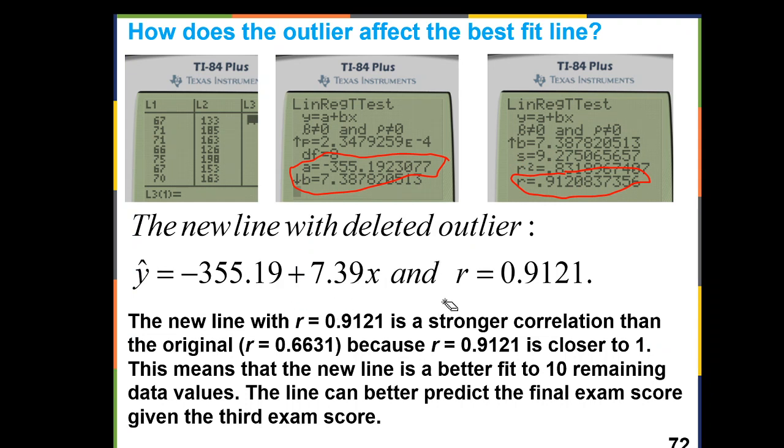So our new line is that, and R is 0.91. Now the predictions are better. And notice the R squared is what? 0.83. That means now 83% of the variation in the final exam scores is explained by variation in the third exam scores. 83% instead of what? 44%. So that's a much better model for this situation.